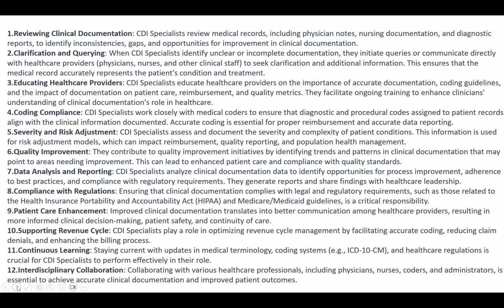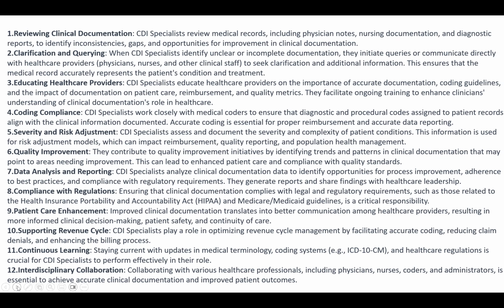It could be regulatory. It could be other things. But they're a liaison between clinicians, practitioners, and other stakeholders. Okay. And they specialize in forensically reviewing the records and identifying opportunities for improvement.